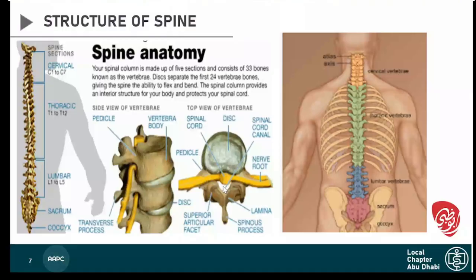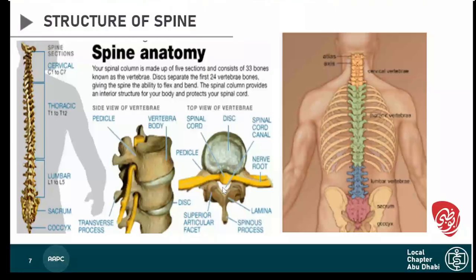When we arrange these vertebrae one above the other, sequentially from the cervical region till the lumbar region, this space forms a canal-like structure that is called the spinal canal.